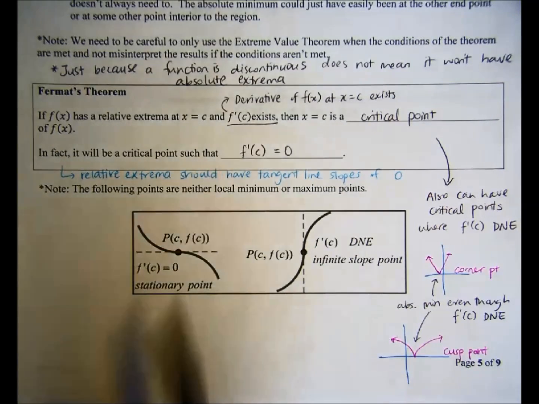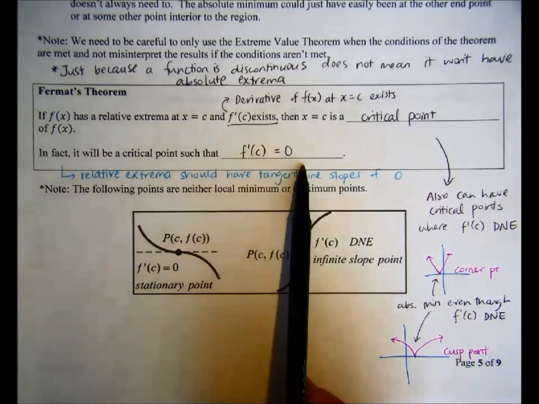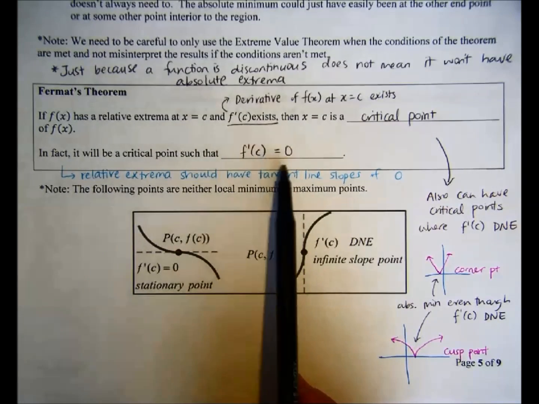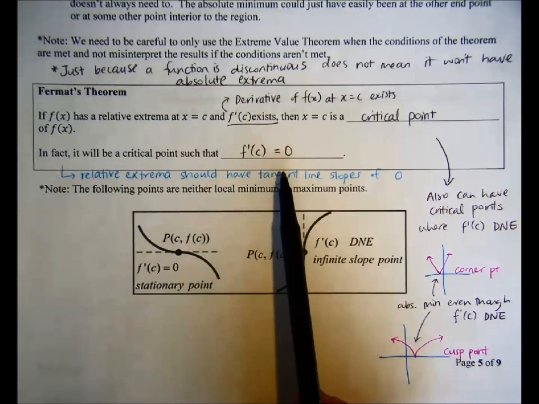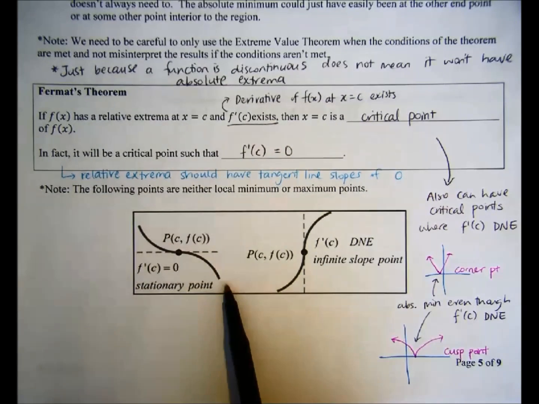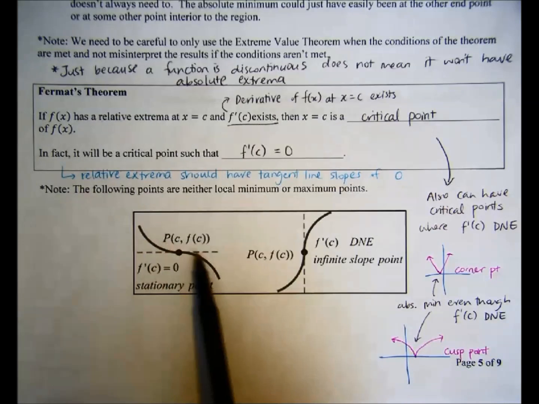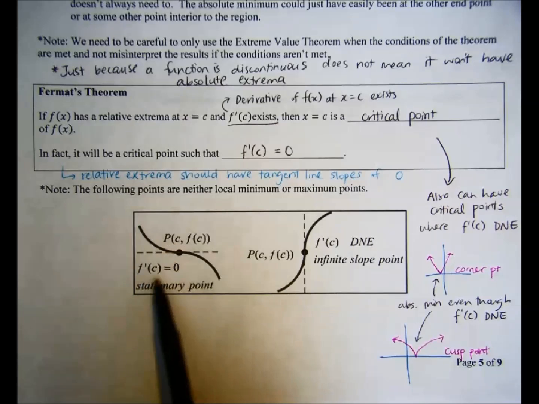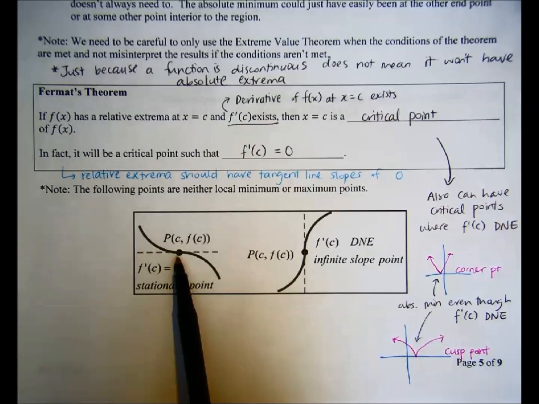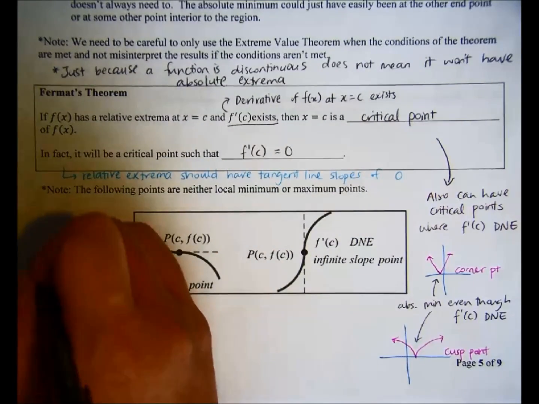Same thing goes with having a derivative of 0. It doesn't necessarily mean that the function has a relative extrema at that point, as you can see here in this example. Okay? The derivative at x equals c is going to be 0, but this is not considered a local maximum or minimum point.